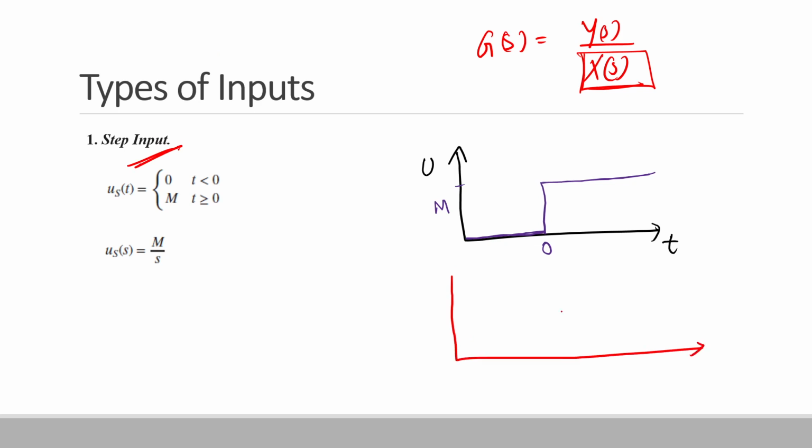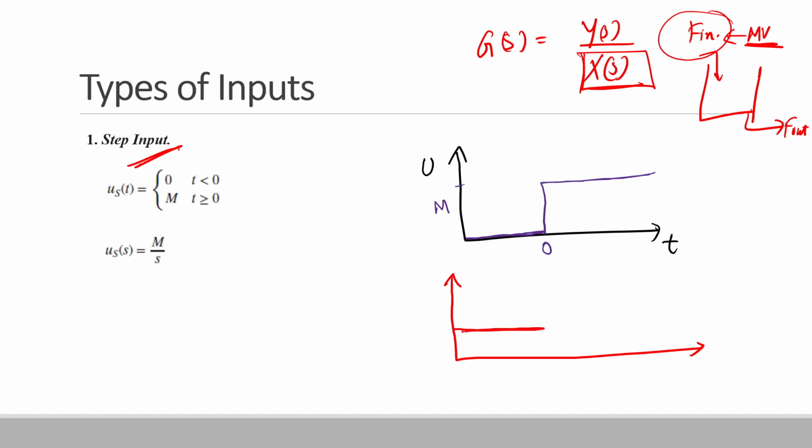When I say step input, let's say in the case of this level control tank, this flow input. If this is the input to the system, that is, now we are considering this as the manipulated variable, MV, and let's say for a certain amount of time this flow input was kept constant at 2 meter cube per second.